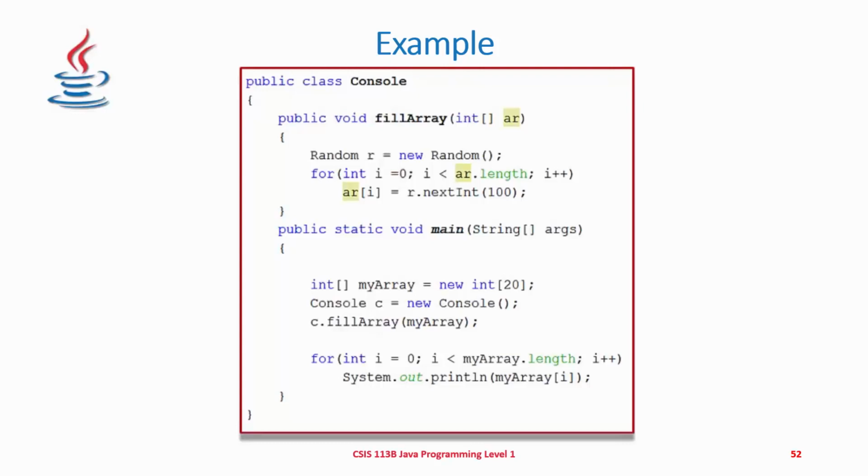So remember, that's a reference type, meaning it's the address of where that myArray is stored on the heap. So the interesting thing about that is when we pass this array object into our fillArray method, and the random number generator in the for loop assigns 20 different randomly generated values into that array, notice that this method doesn't return a value, right?